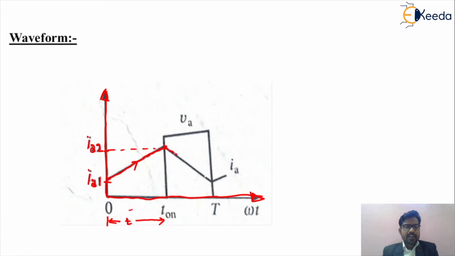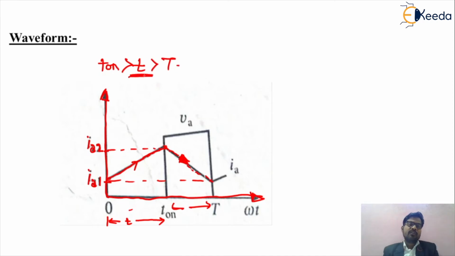The value of armature current, IA2, is now decreasing to IA1. This period is from t on to capital T. In that period, the armature current decreases from IA2 to IA1, but in concern with that, the energy stored in that inductor circuit will be dissipated to what?